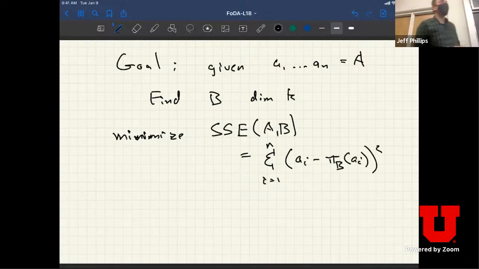So we're using the sum of squared errors again, and we're trying to find the B, defined by these k basis vectors, that minimizes the sum of these projection errors. This is the most classic formulation of dimensionality reduction; there are other formulations. This is the one that has the best algorithms, frankly. And this is what we'll be studying for the next few lectures.